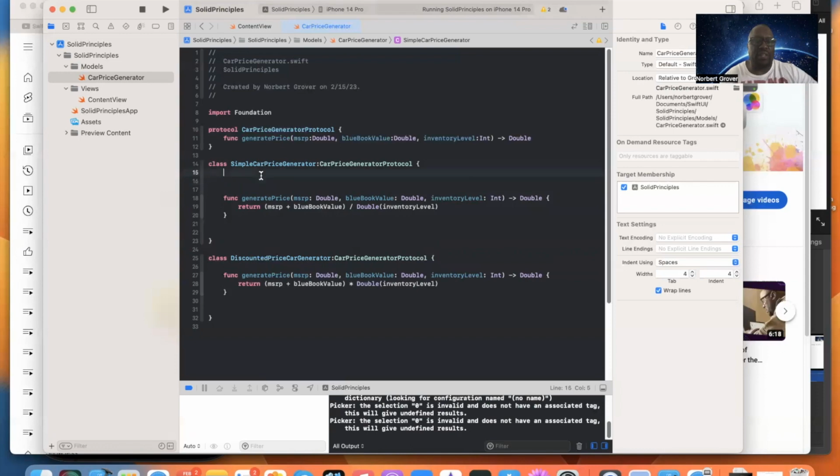We aren't putting anything in this class that does something else. All we're doing is calculating car price. We aren't creating tickets or discounts or any of that. We're calculating the cost for a simple car and the cost for a discount car. That's it.